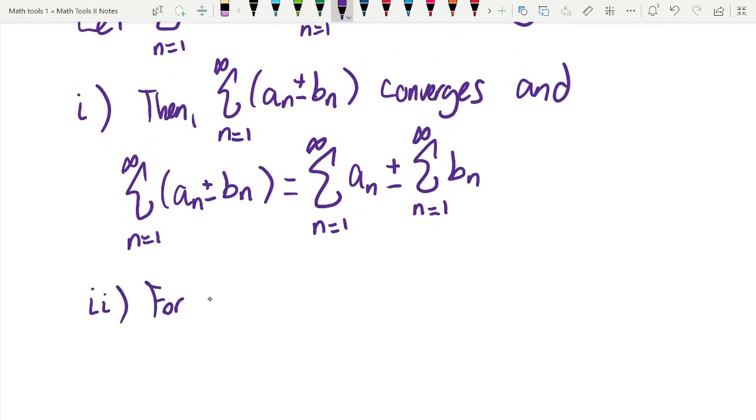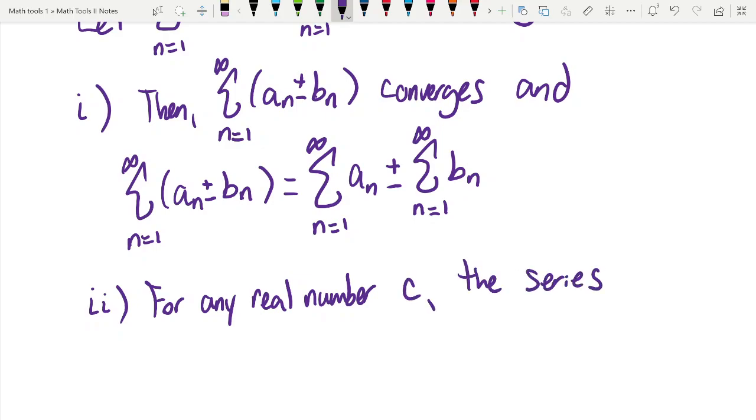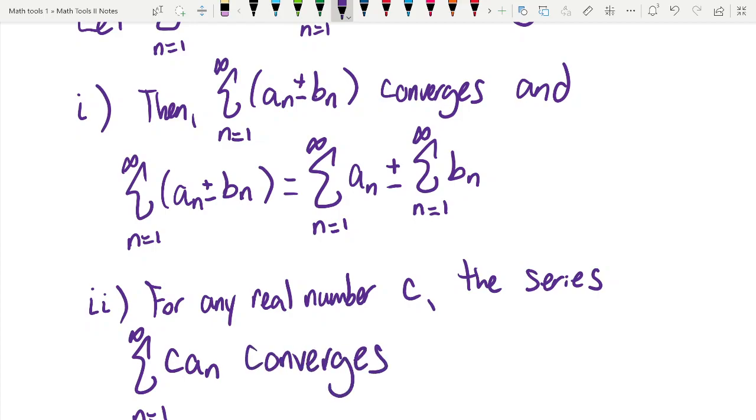Now for any real number C, the series from n equals 1 to infinity of C times a sub n converges. That's pretty helpful.